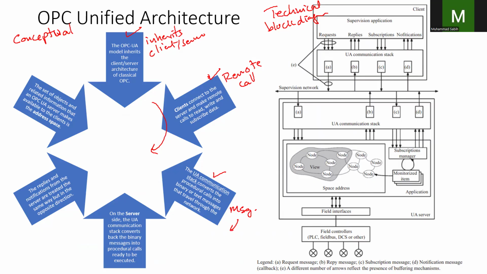So from here, the messages will be on the network. On the server side, the communication stack decodes them, transforming them back into the procedure calls that the server can understand and act on.